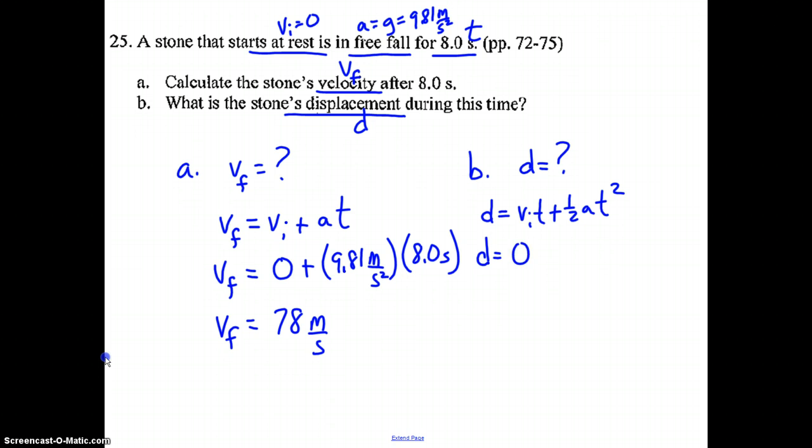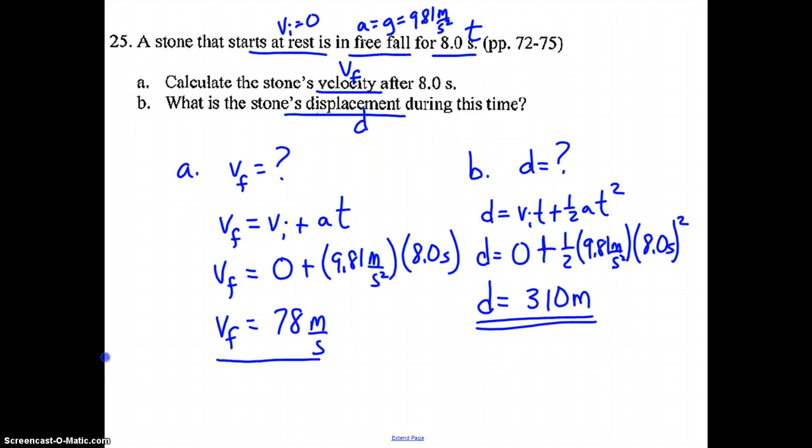Once again, initial velocity is 0, so 1/2 times 9.81 meters per second squared times our time of 8 seconds. And don't forget to square that value. Go ahead and do the math, and we get an answer to 2 digits of 310 meters.